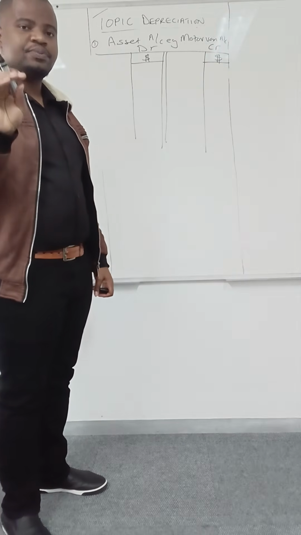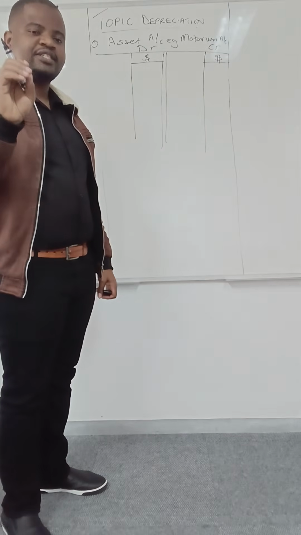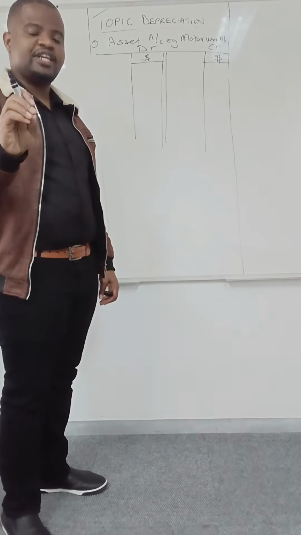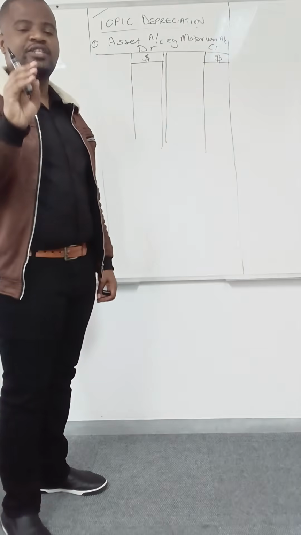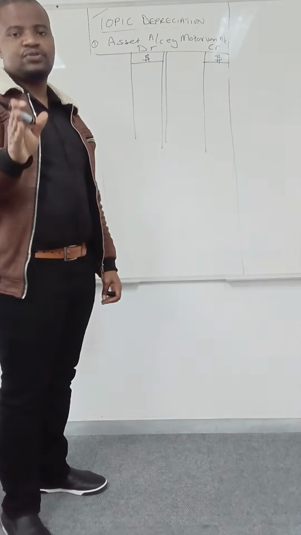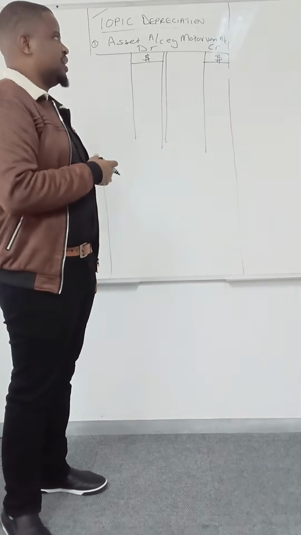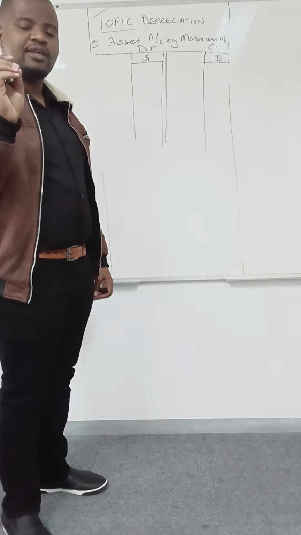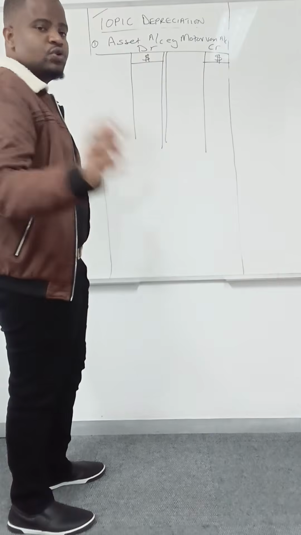When it comes to depreciation, especially these accounts, you need to pay attention to date and details. If you don't pay attention to date and details, you are likely to fail. Also, when markers award marks here, they also pay attention to date and details.